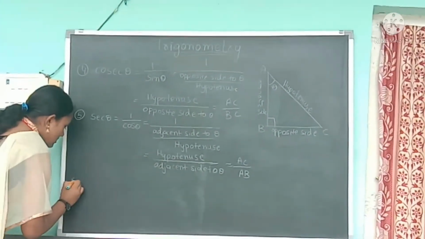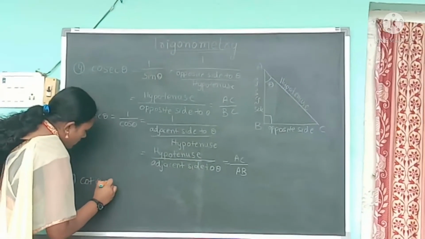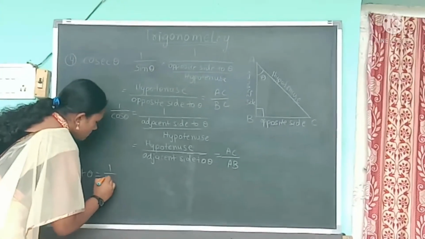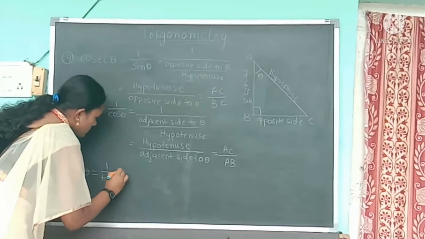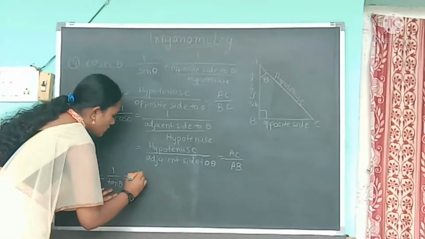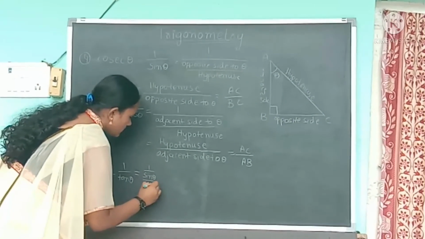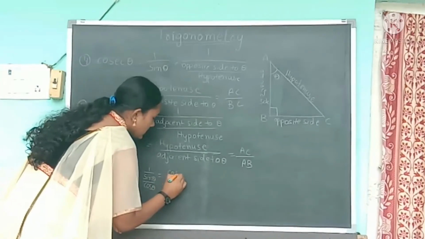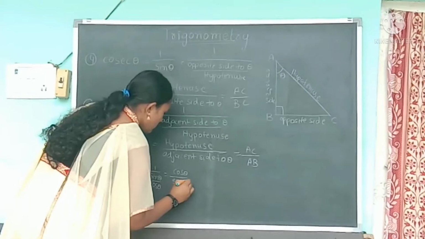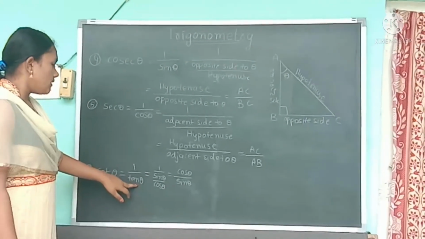Next, the last one, the sixth one, cot theta. Cot theta is the inverse of tan theta. What is tan theta?